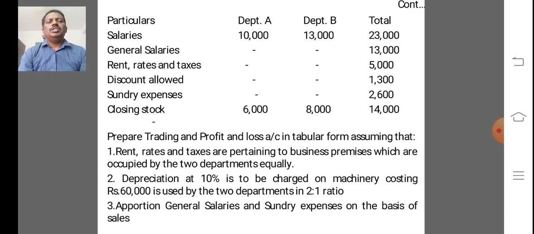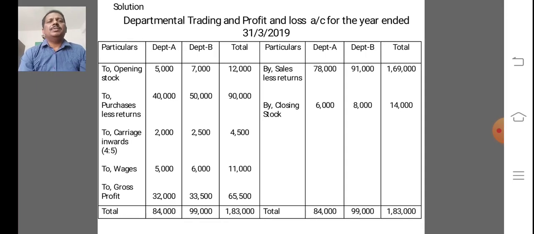Apportion general salaries and sundry expenses on the basis of sales.